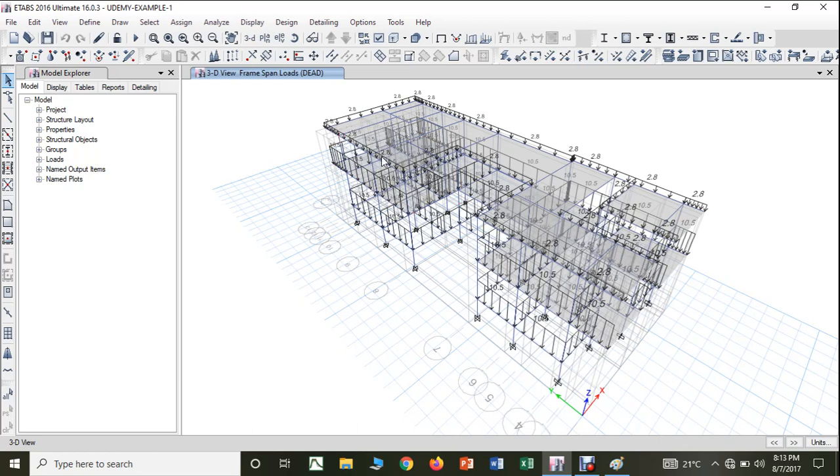But when it comes to your roof, as per IS 875 part 2, whatever live load you take on the floor, half of that live load will usually be taken on the roof. Why is it so? Usually this is not an area of living. Sometimes a few people come over here during the evening or morning.